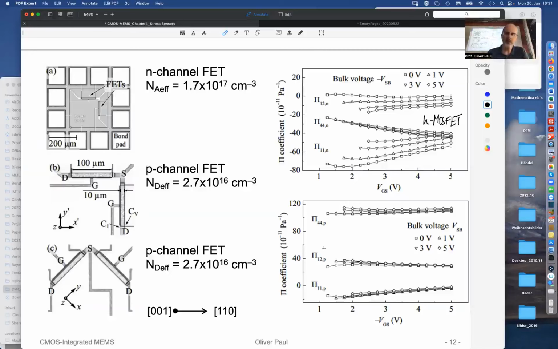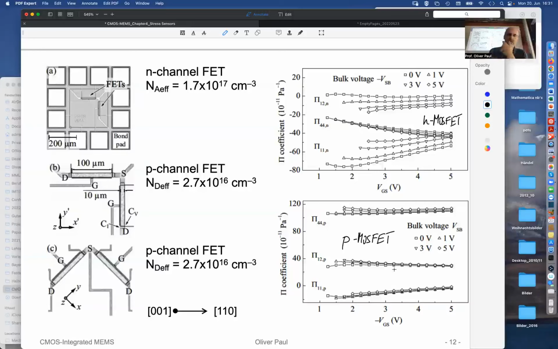What about the P MOSFET structures? Well, here pi44 is large as expected. Pi11 is small, but pi12 is also quite large. And the biasing dependence is a bit smaller.